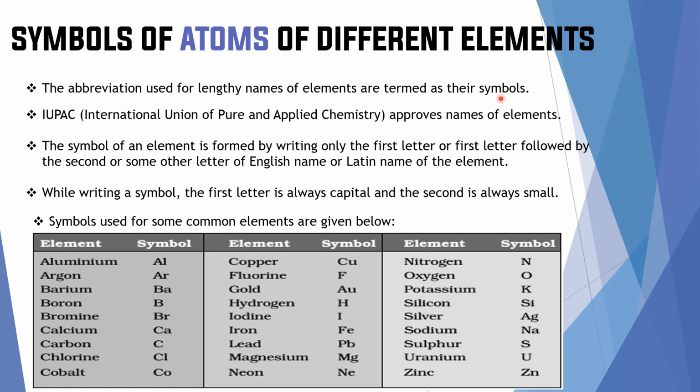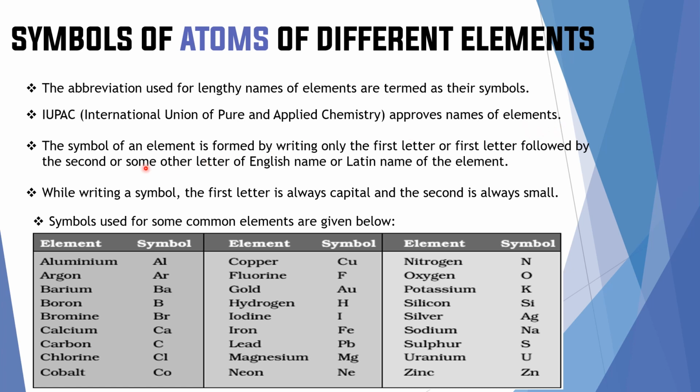The element's name is a lengthy one, so for easiness we use a short form that is called a symbol. The next point is very important. IUPAC, its full form is International Union of Pure and Applied Chemistry, approves names of elements in modern days.